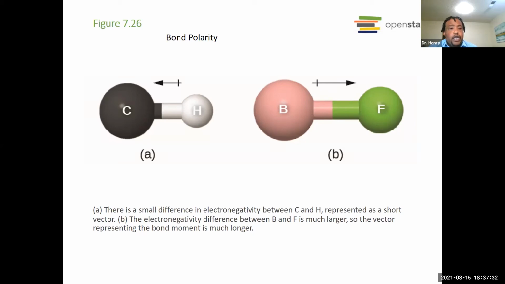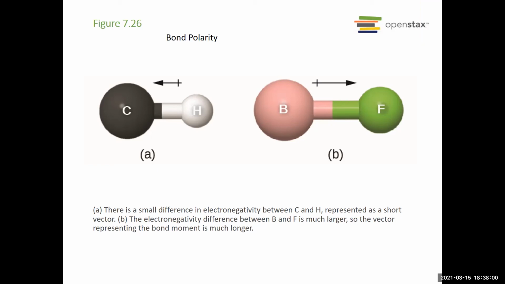When we talk about bond polarity, we're talking about just the polarity between two atoms, these two atoms. So in the case here with boron and fluorine, whose electronegativity is more, boron or fluorine? Fluorine.